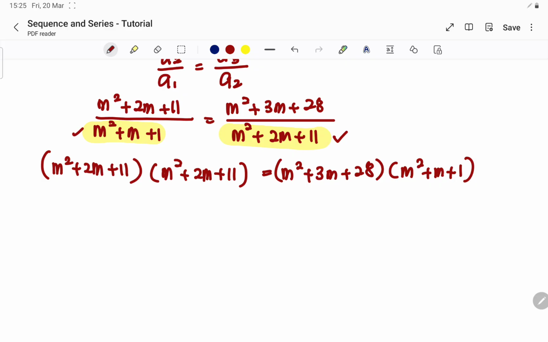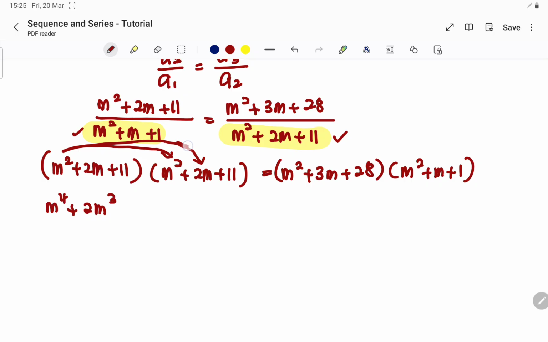So you expand this guy. Okay, m square multiply with m square, you're gonna get m to the power of 4. Or if it confuses you, m square you multiply with 2m here, you're gonna get 2m cubed.